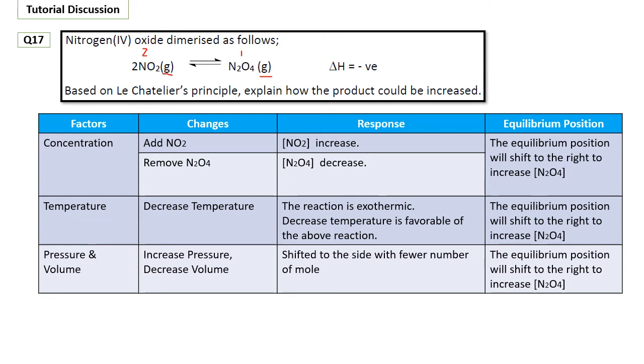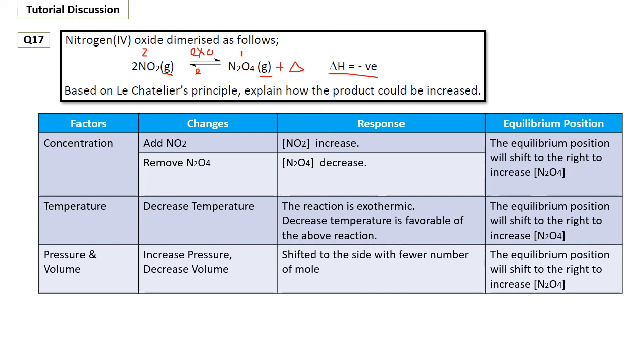And then this chemical equation has negative enthalpy, meaning that it is exothermic. So heat is added at the product side. Heat is released. Okay, so the forward reaction is exo. Automatically the reverse reaction is endo.